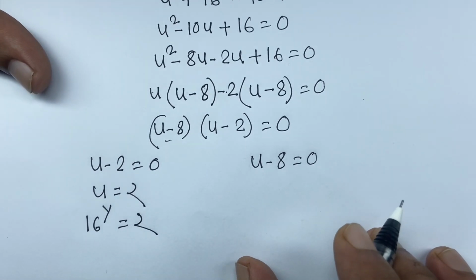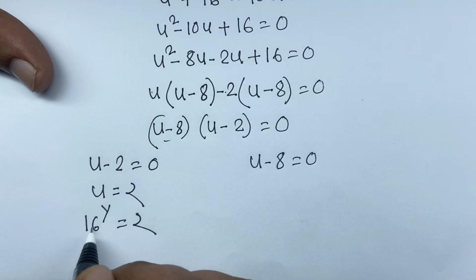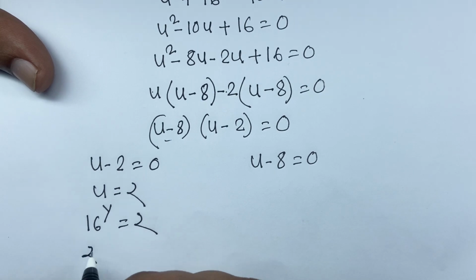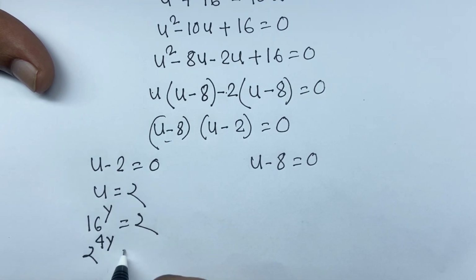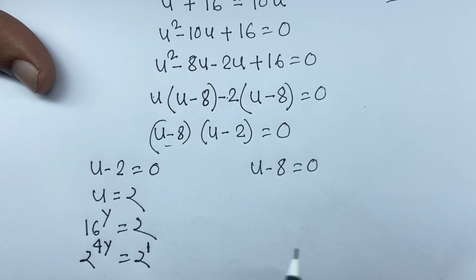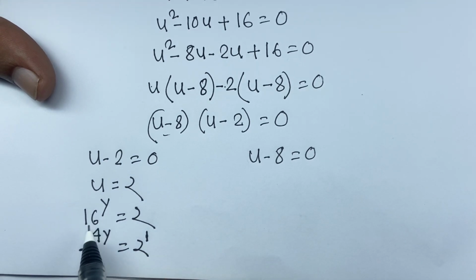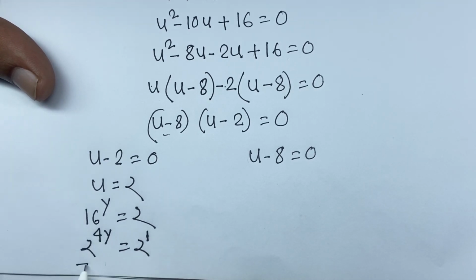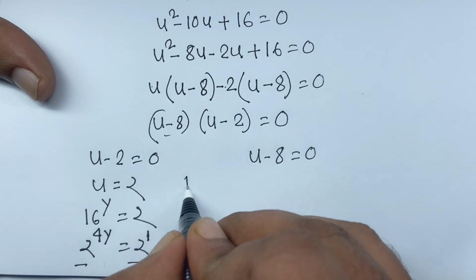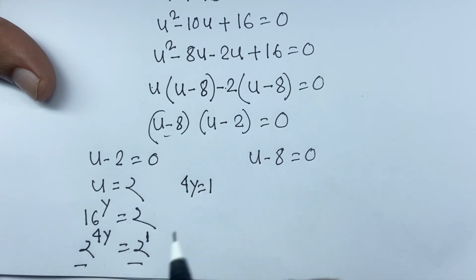And at this moment I can say easily 16^y is 2^(4y) = 2^1, because 2^4 is 16. And this base is the same, so the exponents are the same, so 4y = 1.